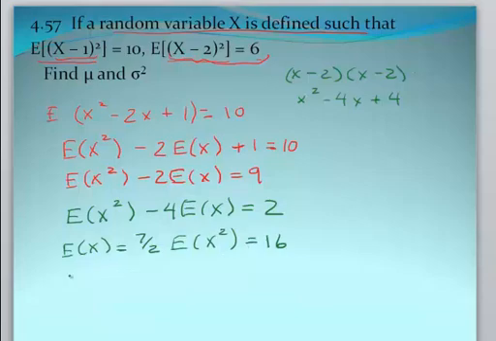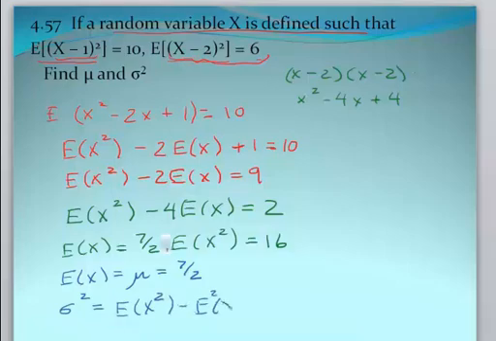So with that knowledge, now remember, expected value is just the mean, and so that's 7 over 2. And then the variance is just going to be E of X squared minus E of X, squared.